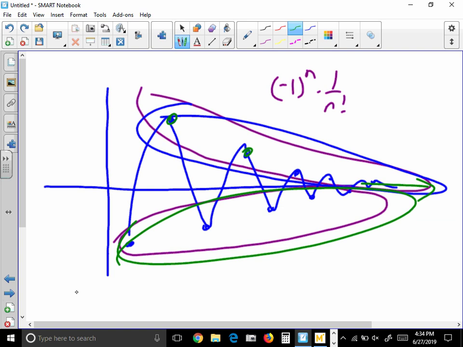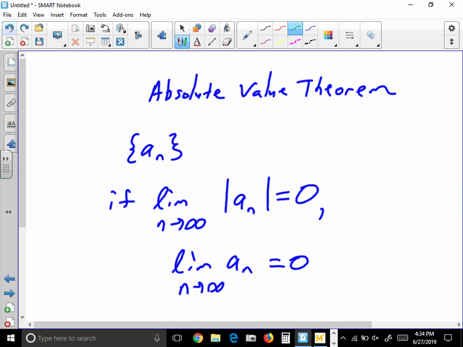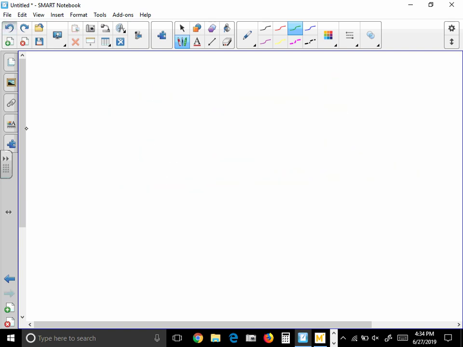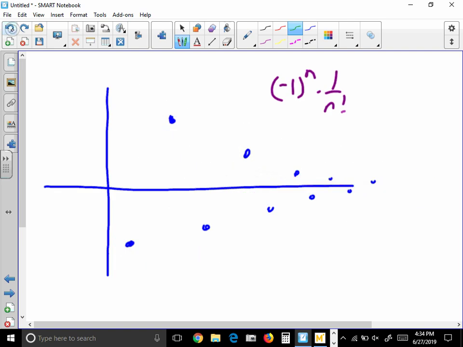If we take the absolute value, get away without having to redraw that. So if we take the absolute value at this point, we're maybe here, the absolute of that one would be like here, here, here.